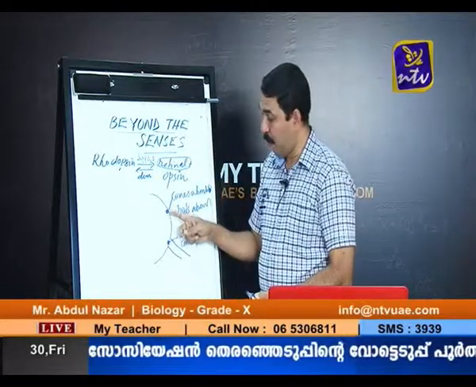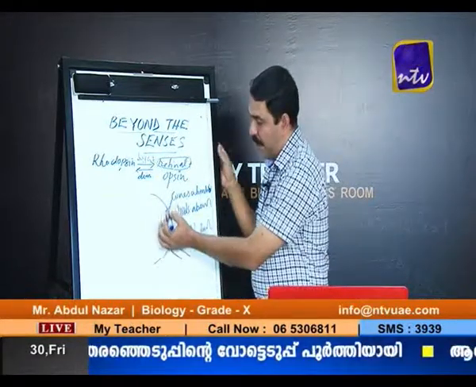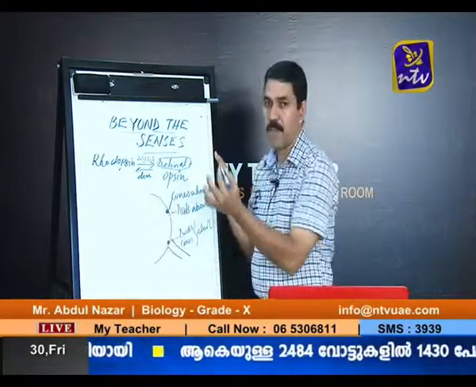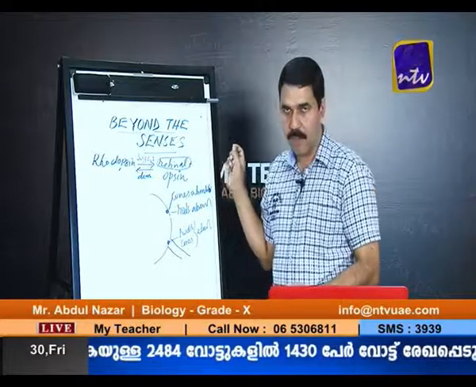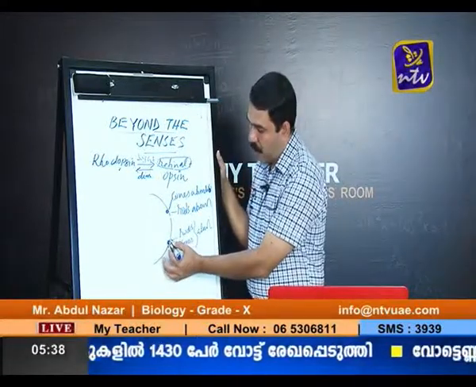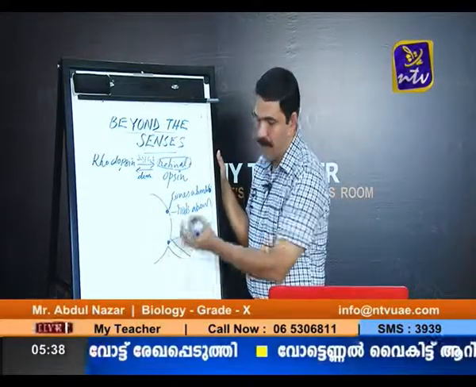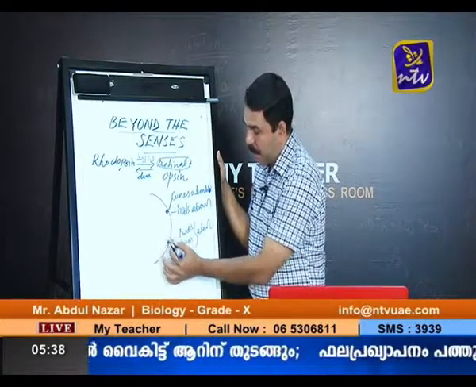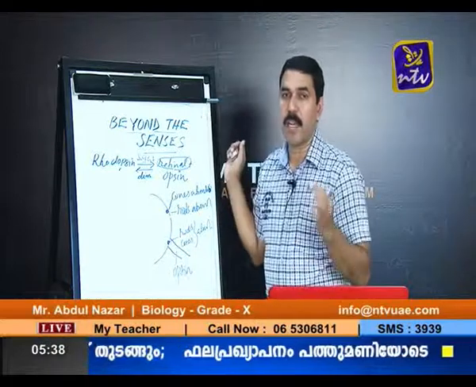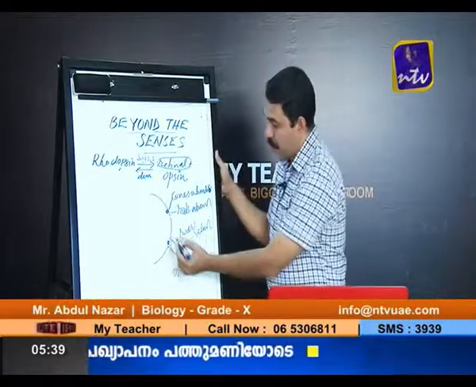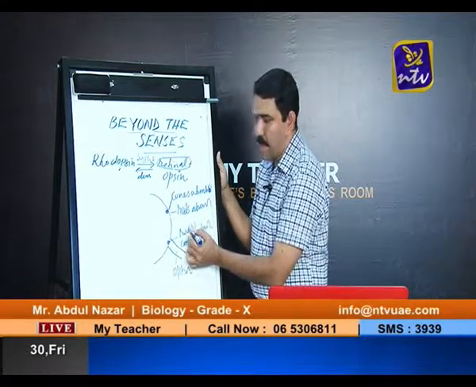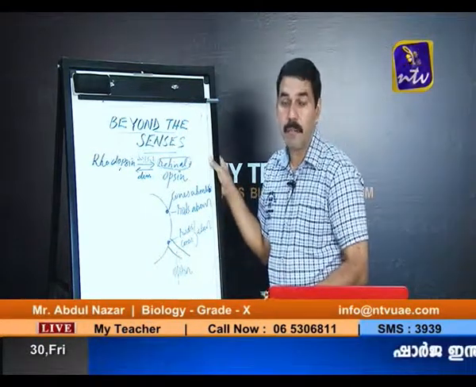So, these are two points to remember. There is a point on the retina where the cones are abundant and rods are absent, and this is the point of clearest vision called the yellow spot. And there is another point on the retina where the optic nerve originates. This is the optic nerve which carries the impulses to the brain so that we are able to see the object. So, at the point where the optic nerve originates, both rods and cones are absent, and this point is called the blind spot.